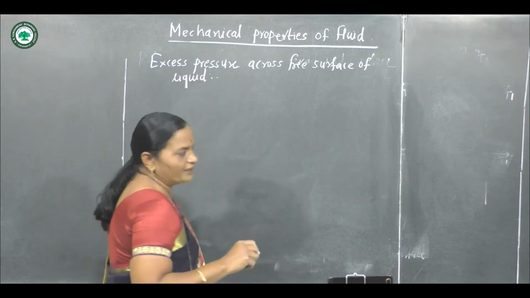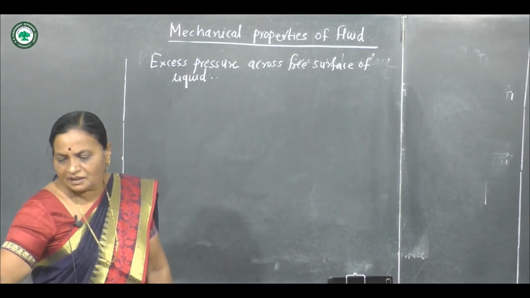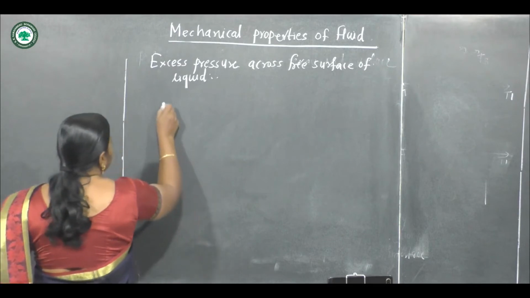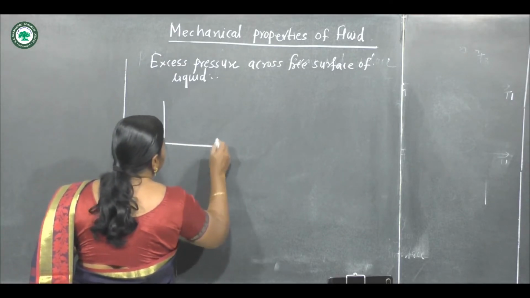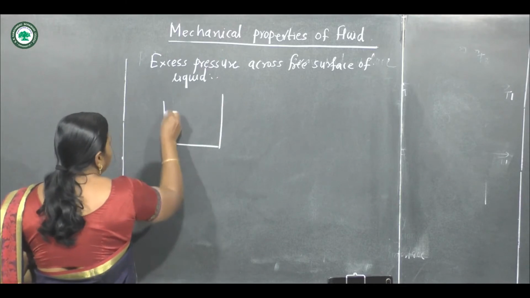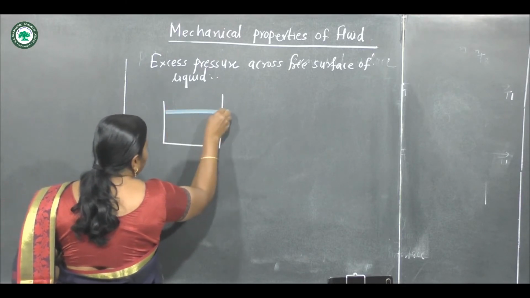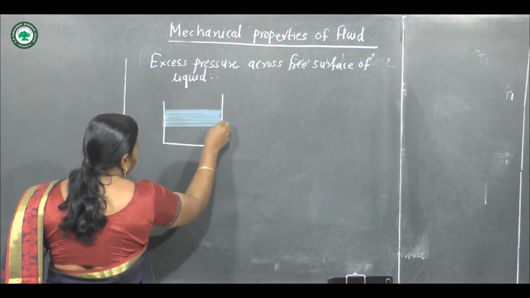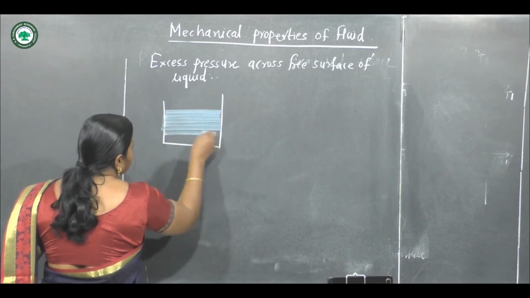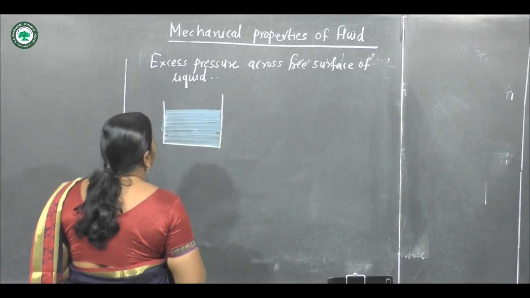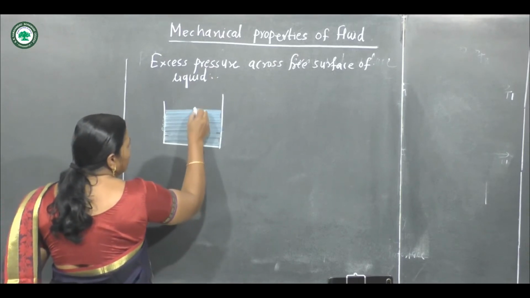Now suppose we consider the free surface of liquid, the upper surface, and the free surface is plane. Then see, the surface is plane.